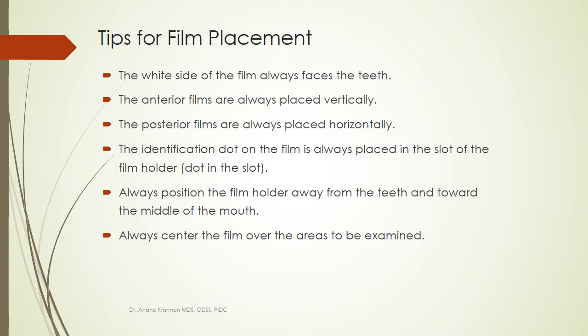Sometimes you might have to take third molars where the film might not be that accessible, but still we try to bring the tooth of interest as close to the center of the film as possible, so that there is less chance of the tooth of interest being cut off in the final image. These general rules apply to both the paralleling and the bisecting angle technique.